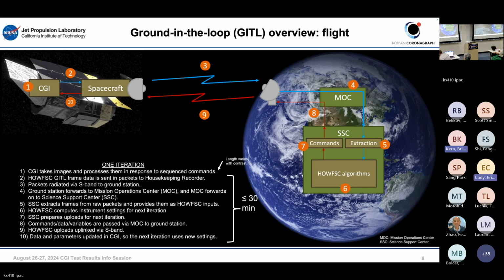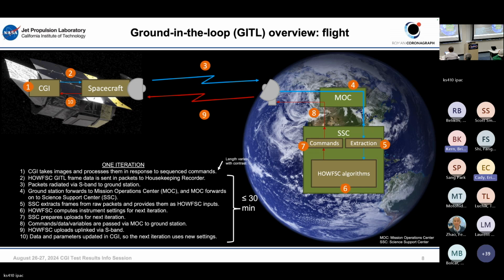And this is just an overview at a high level of how GITL works in the overall Roman system. For any given iteration, CGI takes images, it processes them, it's running out of the sequence engine. How long this takes really varies. As you get to deeper and deeper contrast, you're taking longer and longer exposures to get the SNR you need to do the correction.